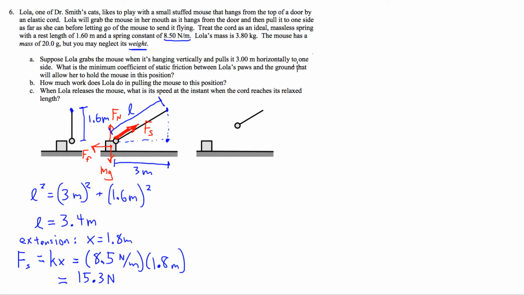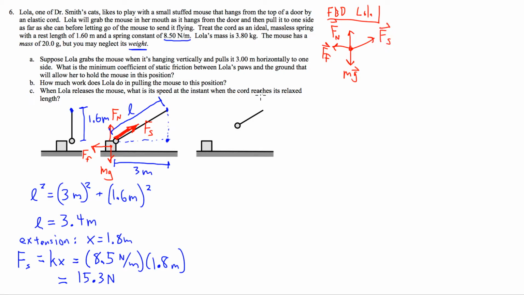So let's do an FBD on Lola. We've got those forces: the normal force, her weight, the friction force, and the spring or string force.